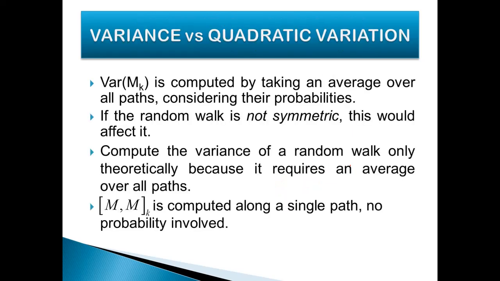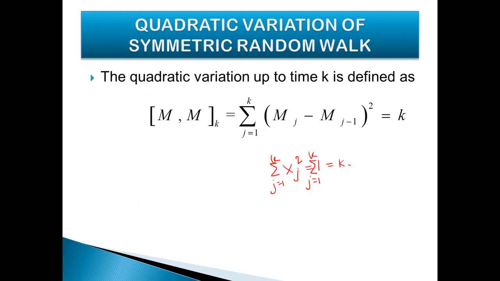So what's the difference between variance and quadratic variation? The variance of M_k, because you see the values are the same. If we have M_t minus M_s, with t greater than s in this case, the expectation of M_t minus M_s is equal to 0. If we consider s equals 0, that means M_0, and we already know M_0 is equal to 0, so this one is gone.